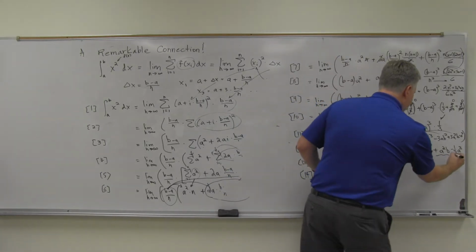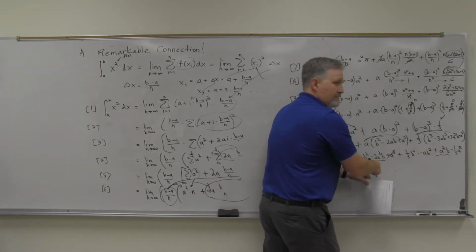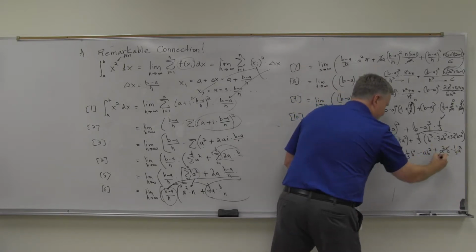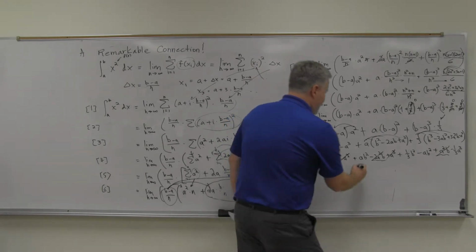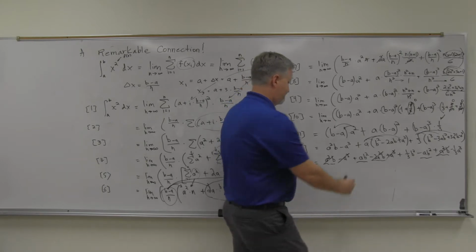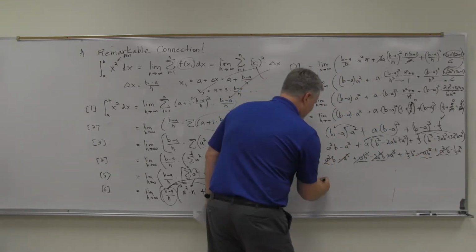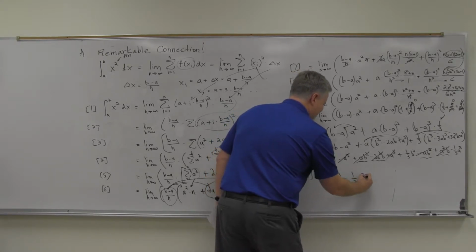And then I've got a plus a squared b. Well, that's 2a squared b's, and then I got a minus 2a squared b. Those are gone. We're narrowing this down quite a bit. A's b squared minus ab squared. Those are gone. All that's left is 1/3 b cubed minus 1/3 a cubed.